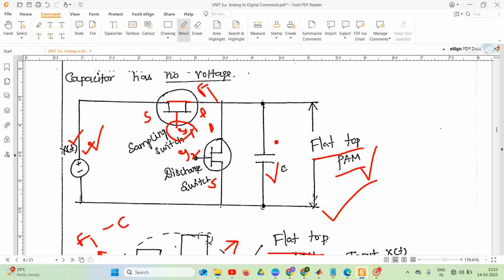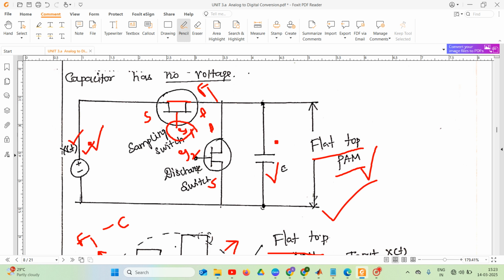So we are applying the modulating signal at the input of our FET 1. Along with that, we are applying the small pulse for the small duration at the G1, gate 1, right? We have three terminals for the FET, right? Source, gate and drain.